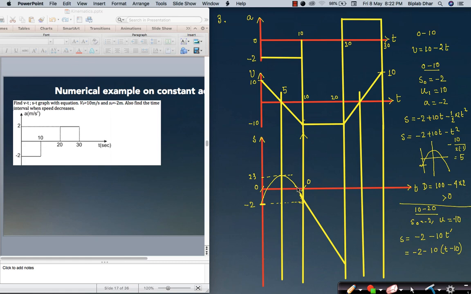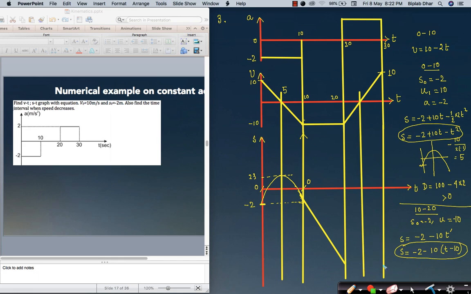So that is why I could draw a tangent at this point, and I can actually extend the same straight line. So this will be your equation of motion for t equal to 10 to 20 seconds, right? This will be your equation of motion for t equal to 0 to 10 seconds.